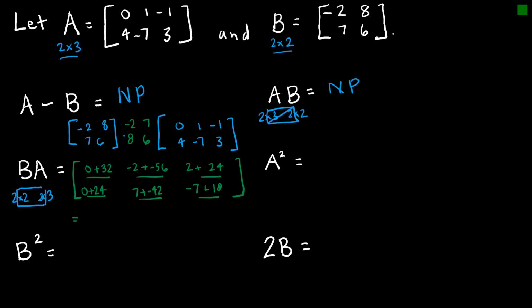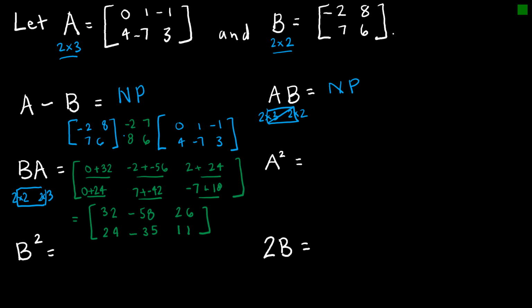And then my final answer is just finding all of those solutions. So I have 32, negative 58, 26, 24, negative 35, and I can't read my own writing, that's an 18. Okay, so 11. And that would be my final solution.